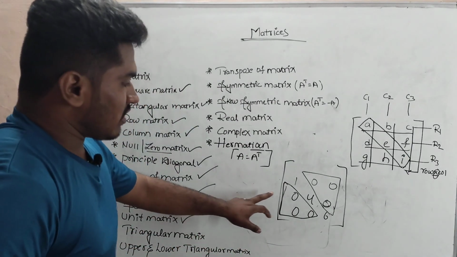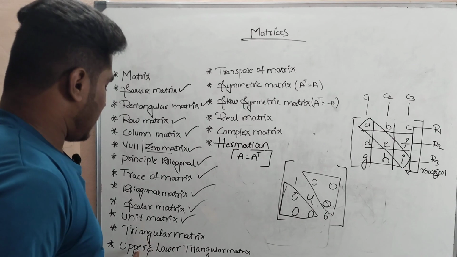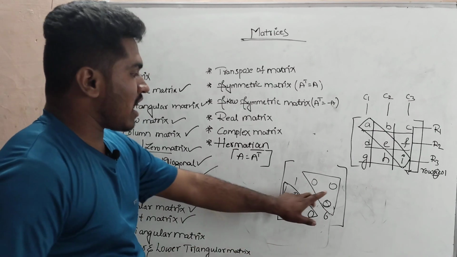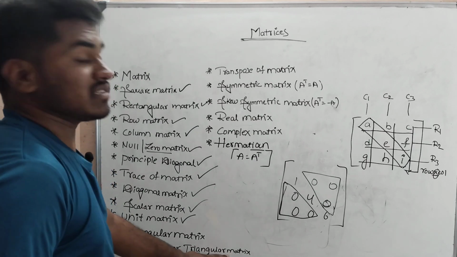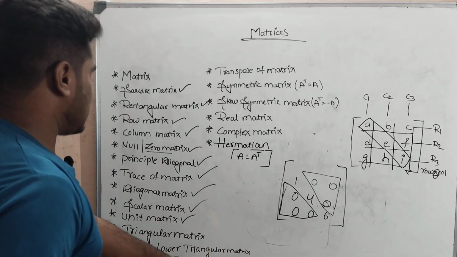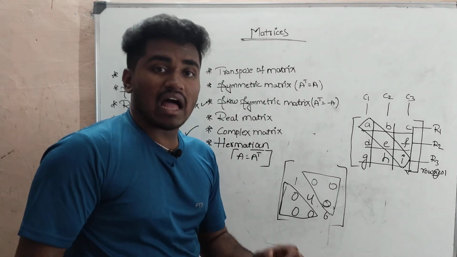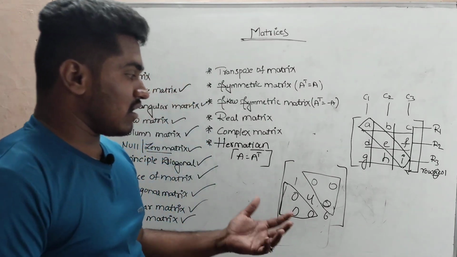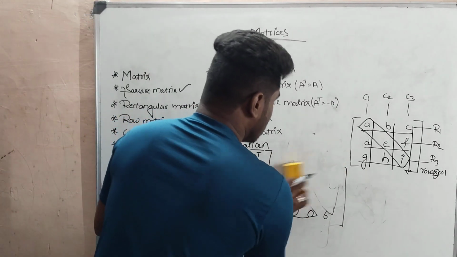Whenever we have a matrix like this, it will be treated as an upper triangular matrix, and when we have a matrix like this, that particular matrix is said to be a lower triangular matrix. While coming to the triangular matrix, all the diagonal elements are zeros, and the remaining positions consist of elements. We'll discuss with an example.